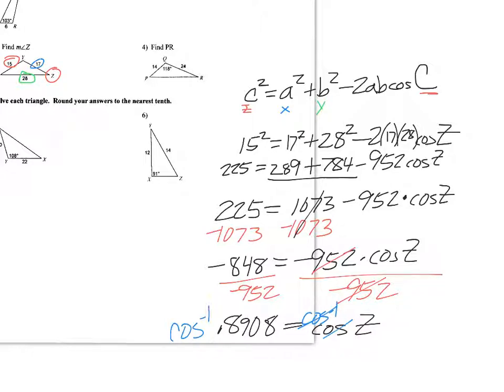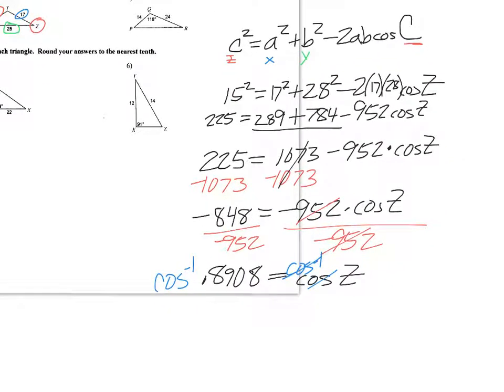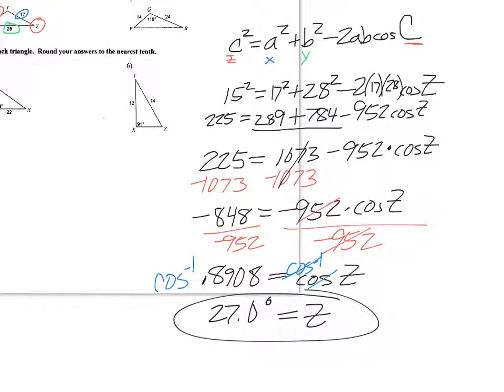Make sure your calculator's in degrees again. And I get 27. Let me read directions here. It said round answers to the nearest tenth. That's 1 decimal place. So in this case, that would be 27.0 degrees is angle Z. Man, a lot of stuff. So definitely need to listen and pay attention in doing this, okay?